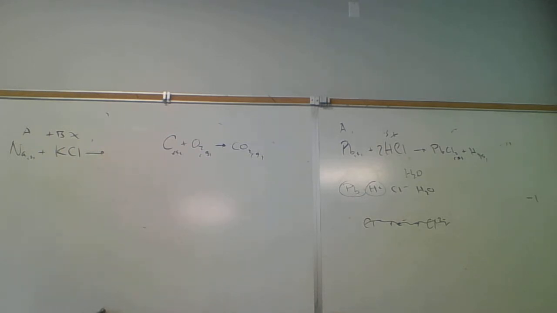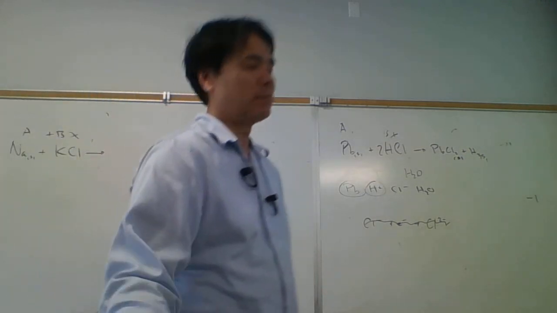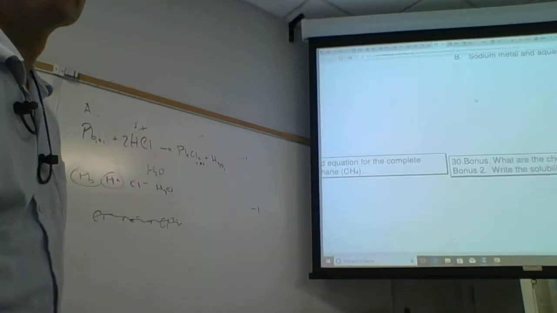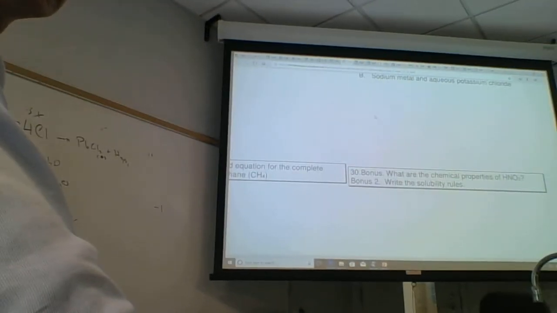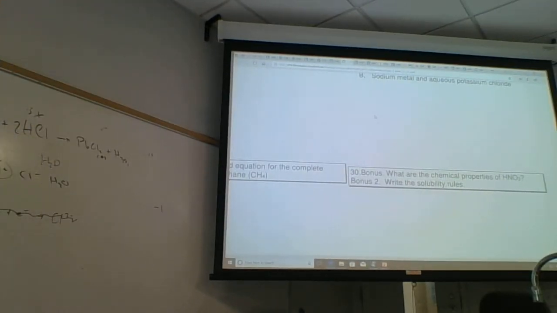What are the chemical properties of HNO3? So what are the redox properties of HNO3? HNO3 consists of H plus and nitrate. H plus is an oxidizer.